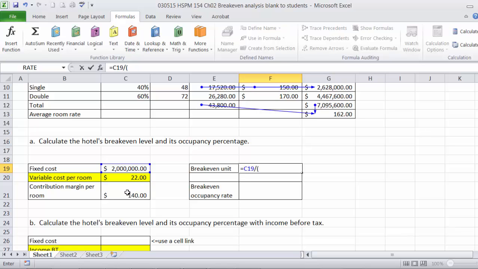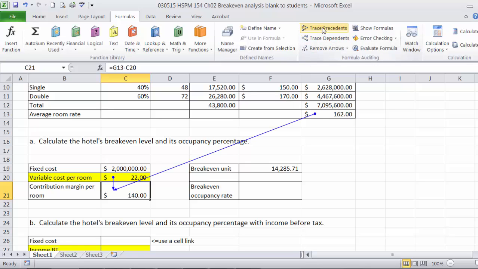So our contribution margin, well, we can directly divide the contribution margin, right? Yes. Which one? C21? Yeah. This is your contribution margin.